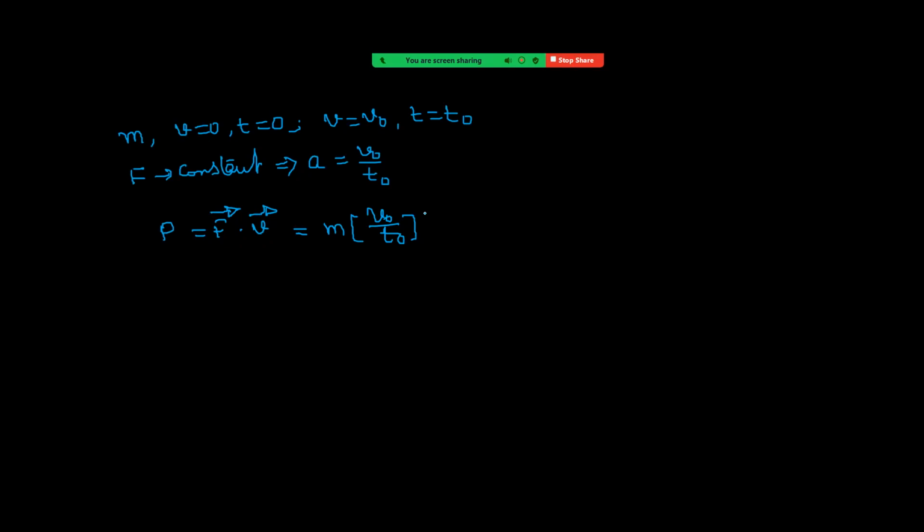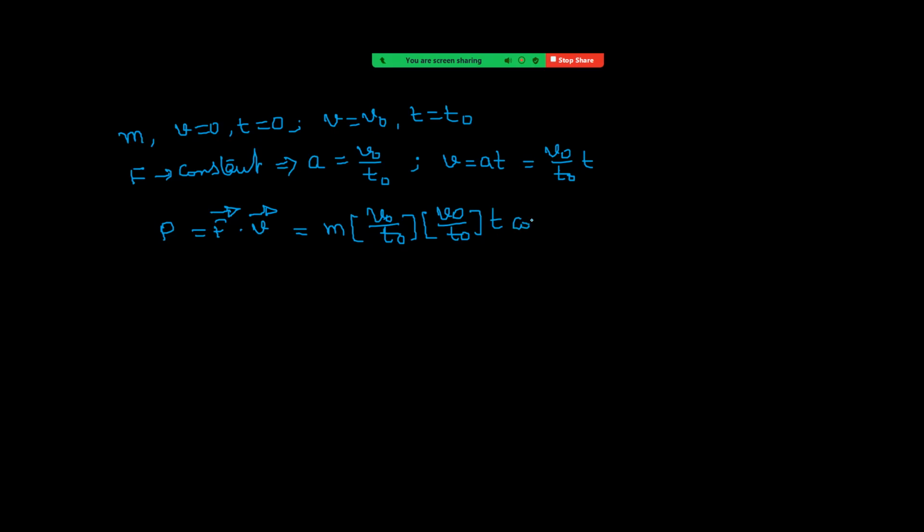This is net force. Velocity equal to, since acceleration is known, velocity equal to a into t. And a value is v naught by t naught into t. Okay. So velocity is v naught by t naught into t. See carefully once. This is force, net force into velocity.